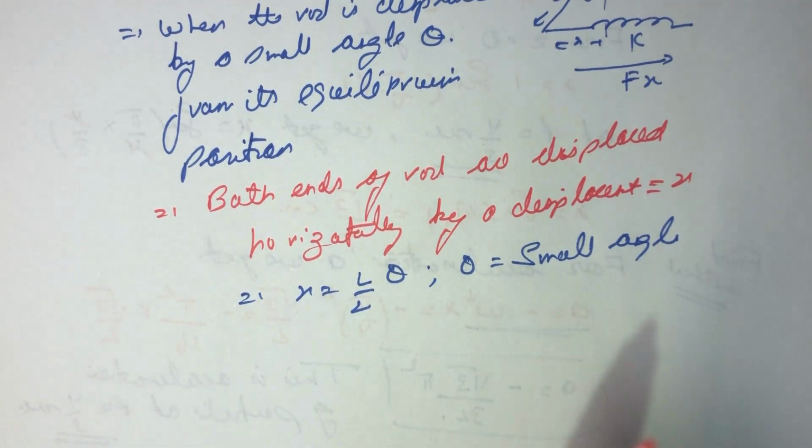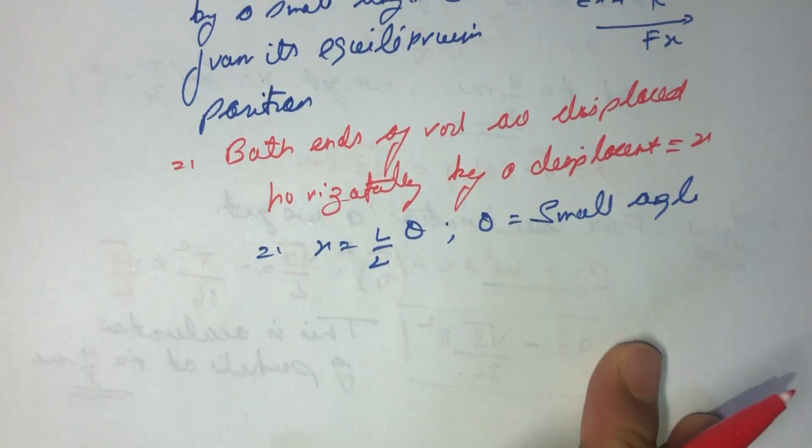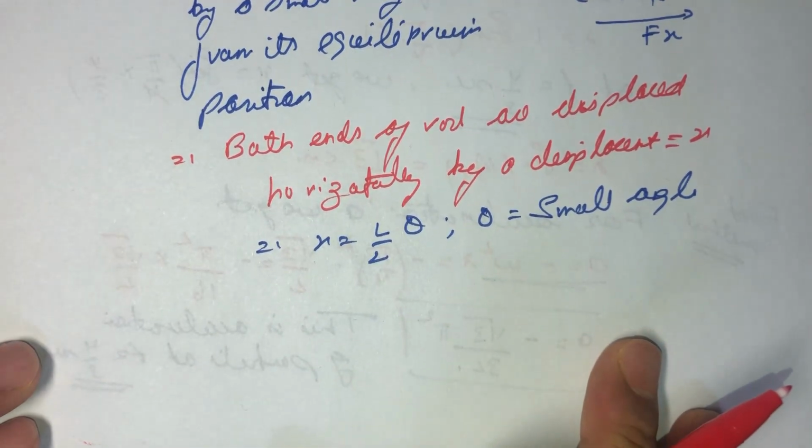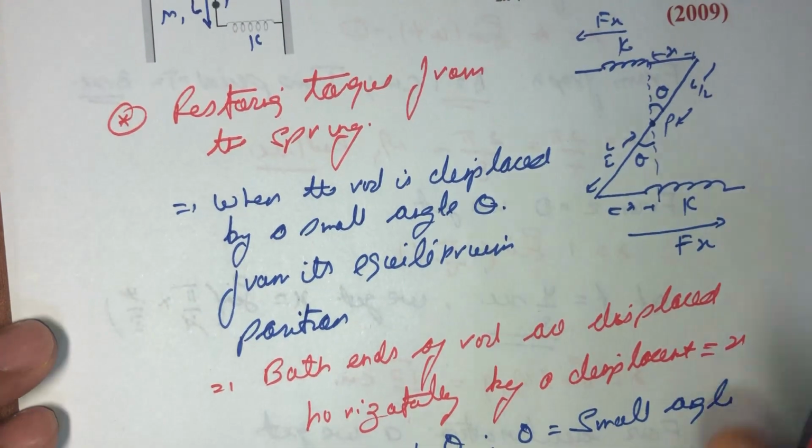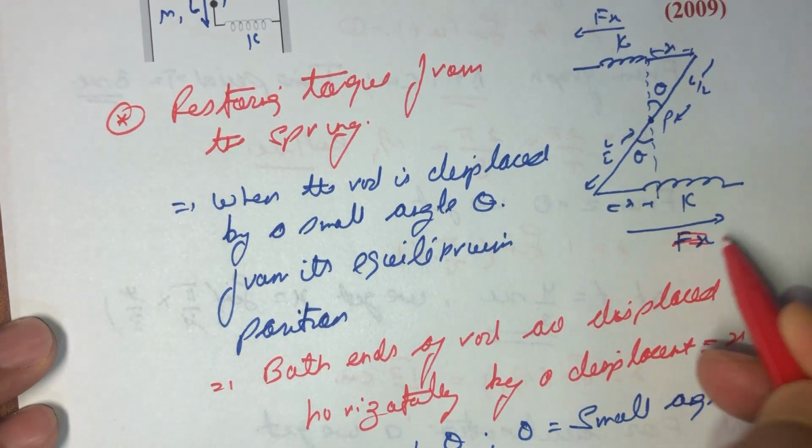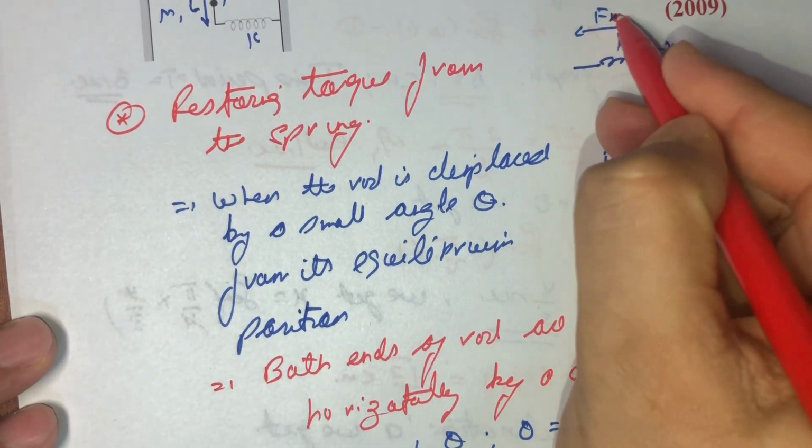And if the restoring force on the rod due to the spring is given as F, this is F and this is also F, not Fx.